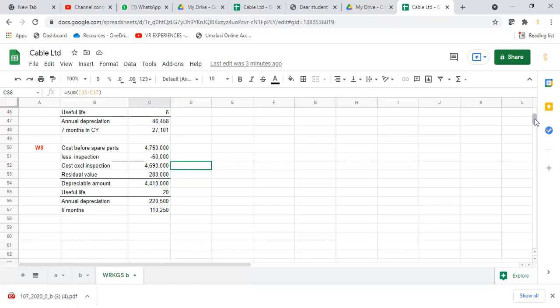In the real world, management need to make an assessment whether there are any indications of impairment. If they conclude there are indications, then they will have to perform an impairment test.